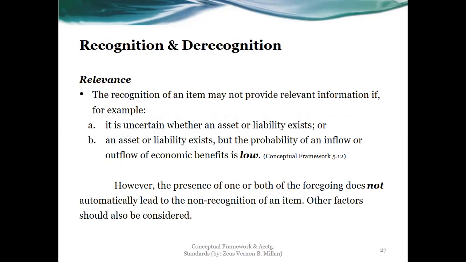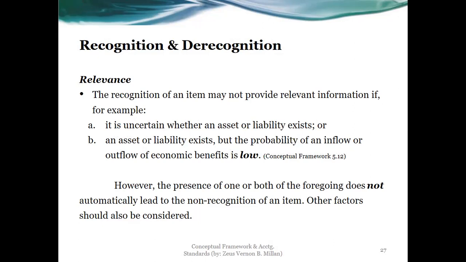These users are our stakeholders on the financial statements, whether internal or external. Now, the recognition of an item may not provide relevant information if, for example, letter A, it is uncertain whether an asset or liability exists. Basically, there is a question as to whether the two accounting elements are there, or they're there, but the probability of an inflow or outflow of economic benefits is low.